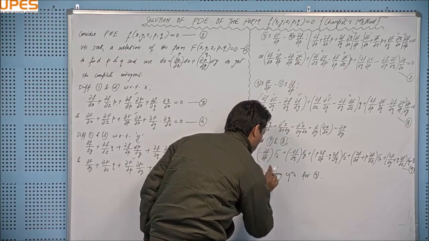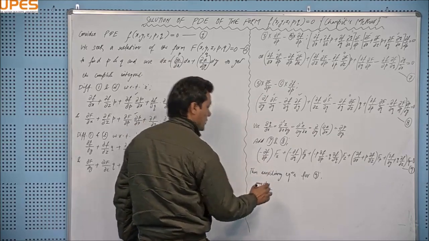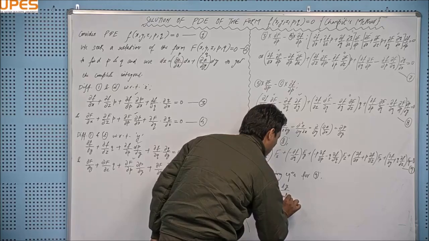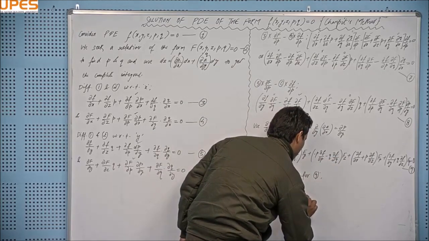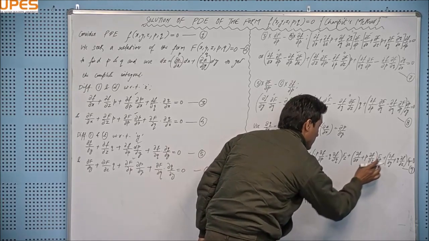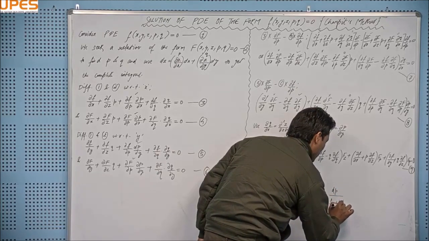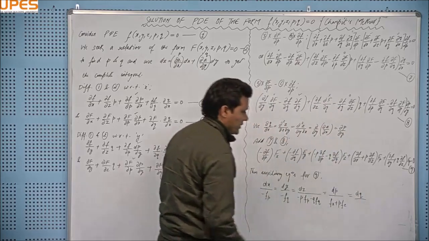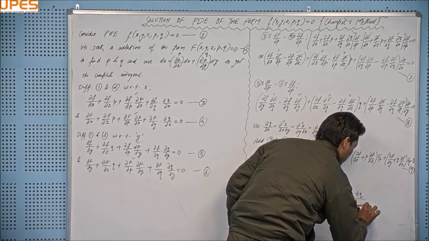dx upon this thing, what is this, minus del f by del p, I mean write this as small f p, right, then dy upon this term, minus f q, then dz upon, this is the partial derivative with respect to z, upon this thing, minus p f p minus q f q, then here I will have dp upon f x plus p f z equal to dq upon that ratio, del f by del y plus q times del f by del z.